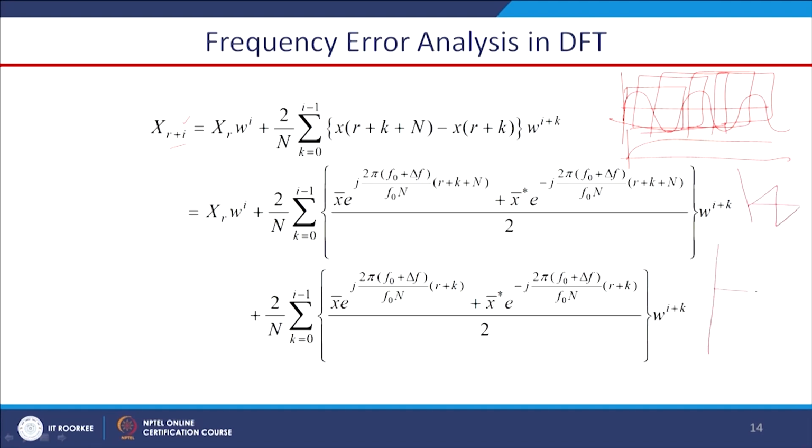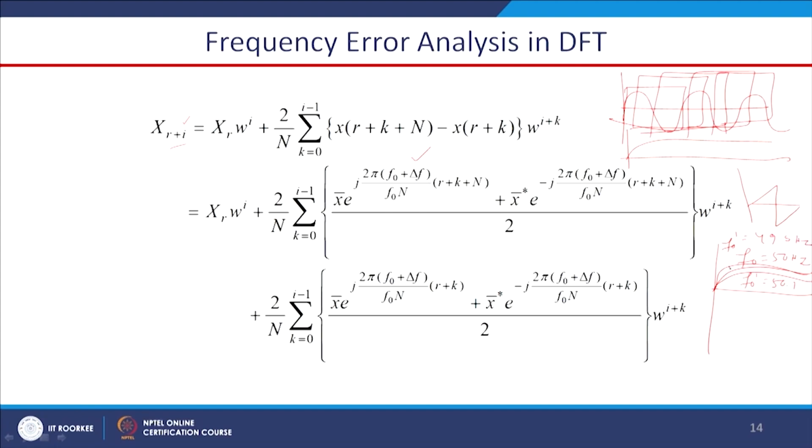Now, the question here is about this frequency deviation. Let us say we got some magnitude with f naught equal to 50 hertz. Now we will get some deviation in the magnitude if f naught dash is either 50.1, 49.5 or 49.8, whatever the frequency deviation.